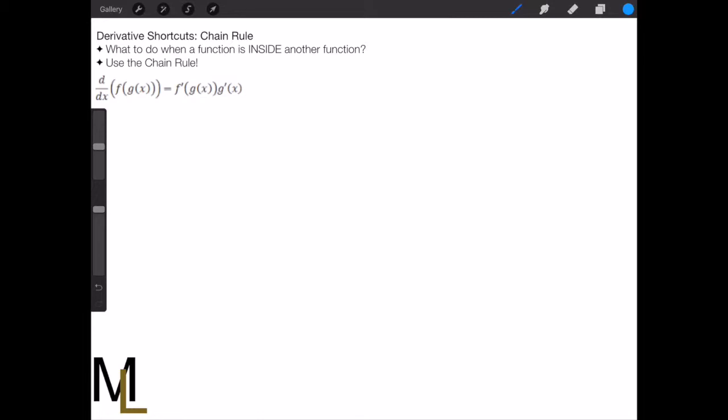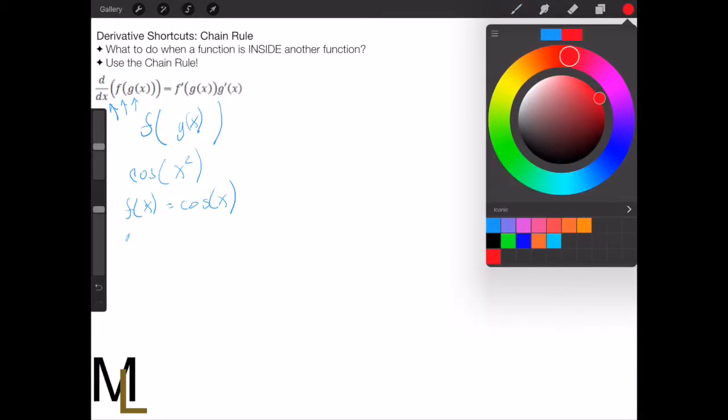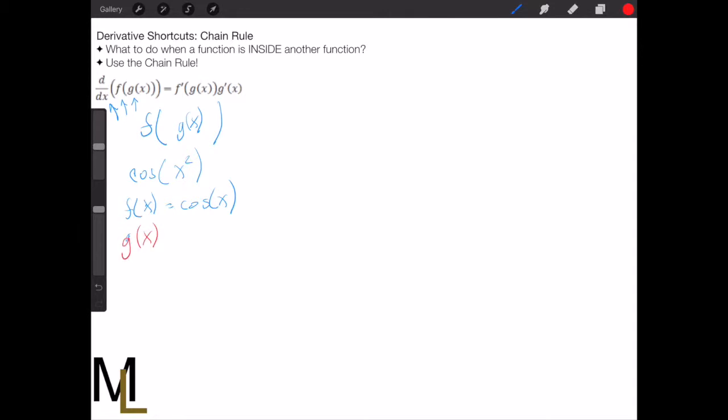So basically we deal with the same derivative and f function and g function, but this time the f function is on the outside and what's passed to it is the g function. So an example of this would be cosine of x squared. In this case, your f function, f of x, would be cosine of x. The g function would be x squared.